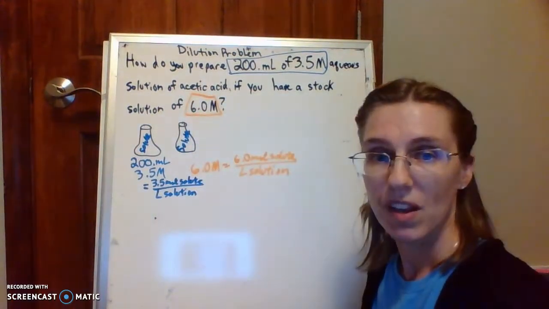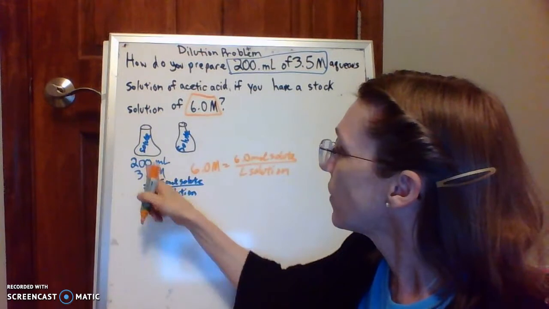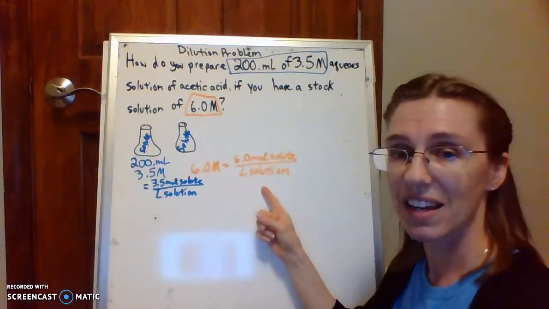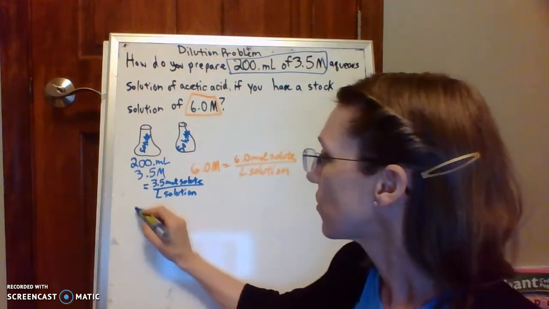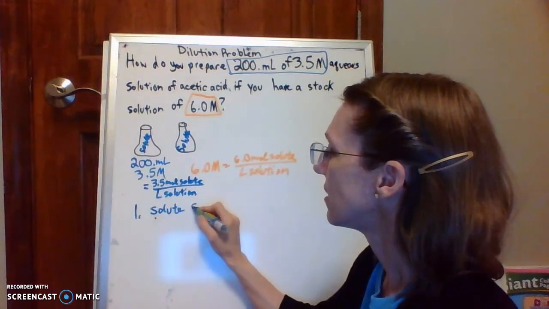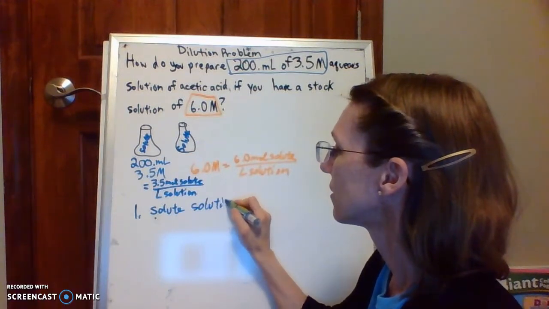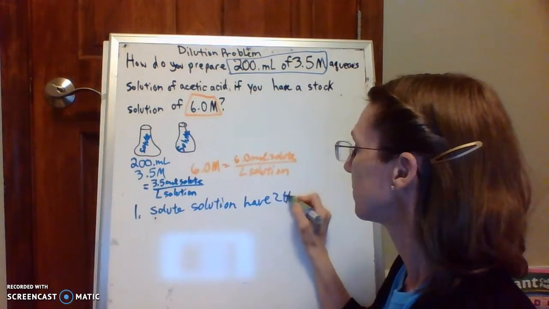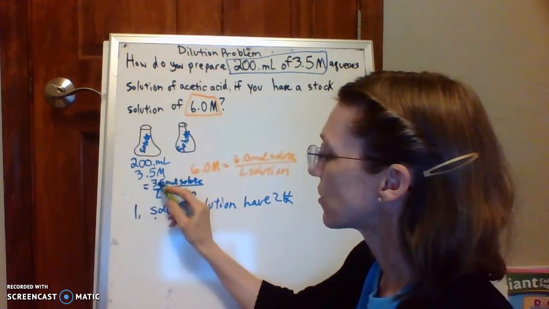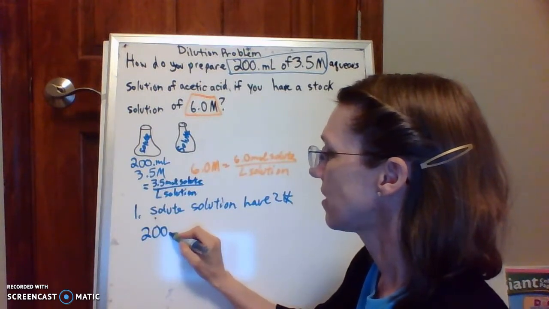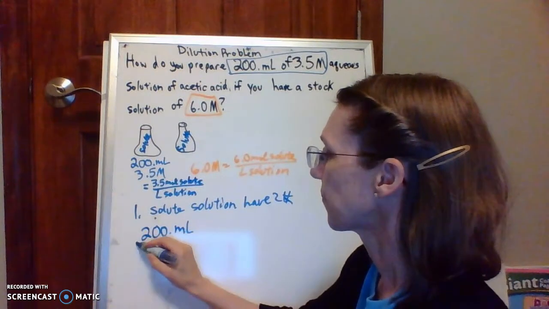Okay. So we are going to figure out how much solute is here and use that as the second number for this one. So our first step is to find out how much solute is in the solution where we have 2 numbers.